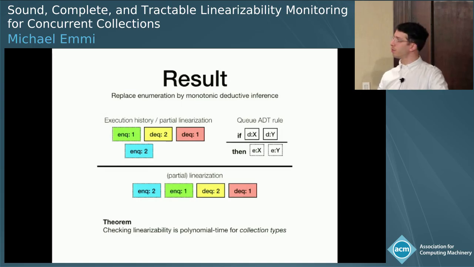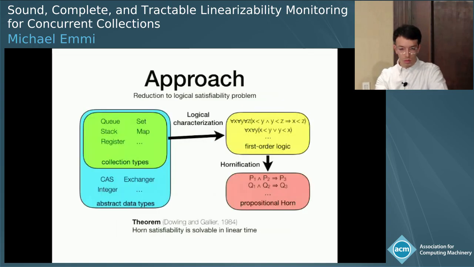And in principle, you would just follow this set of steps. In this case, this is already a complete linearization, so we're done. This is the only possible linearization adhering to the Q abstract data type for this particular history. The theorem that we show is that checking linearizability is polynomial-time for the collections which admit this kind of inference.